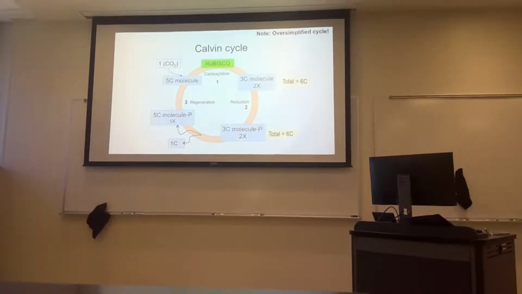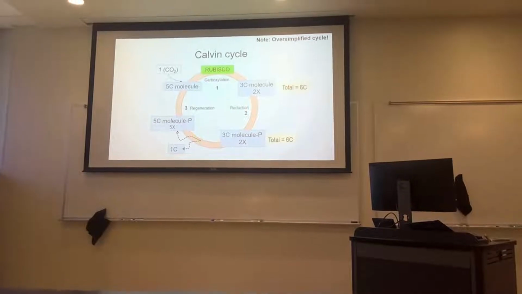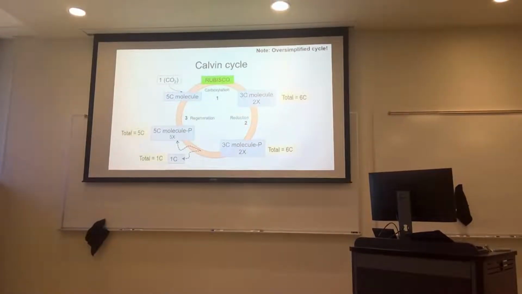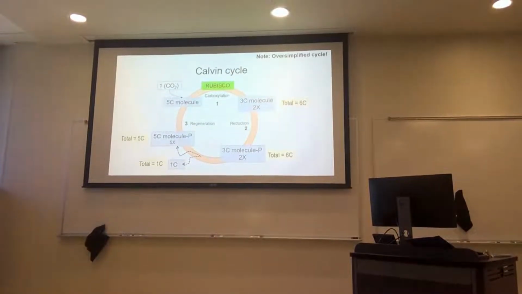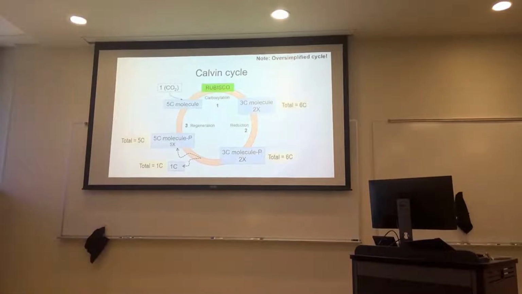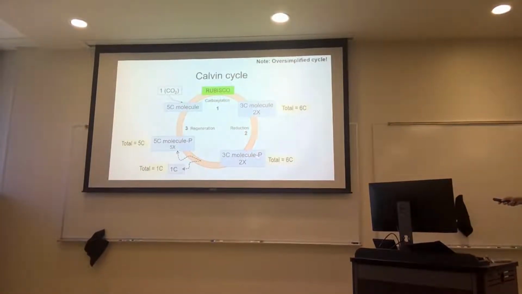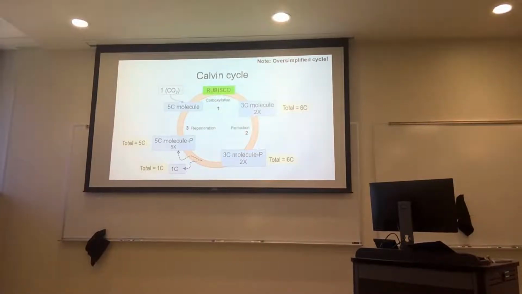So again, in an even more simplified cycle, 1 CO2 joins 5 carbon, you have 6 carbons. In reduction, you're not changing the amount of carbons, you're just reducing them, from one state to a more reduced state. And here what you can see is that the plant keeps 1 carbon. It says, okay, from these 6 carbons, I can only keep 1. So multiple reactions happen in this process.